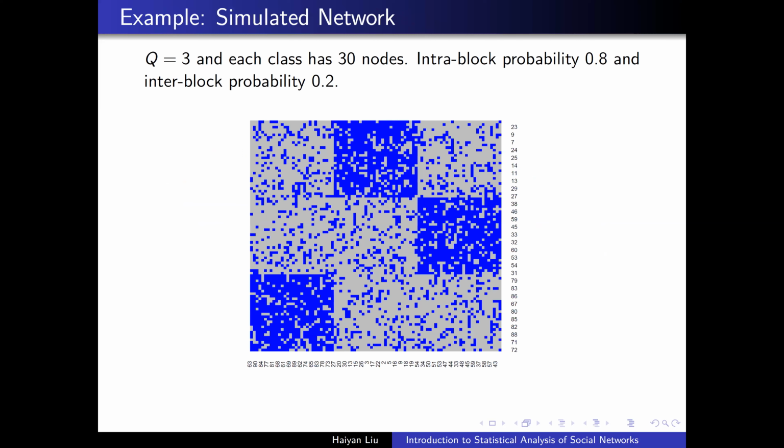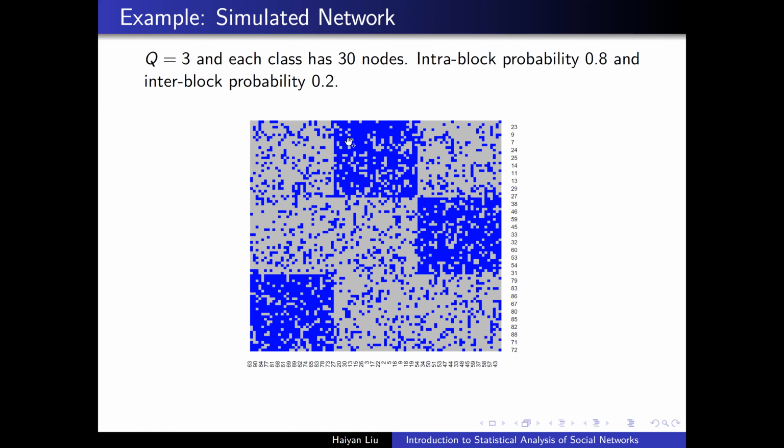In the following, I will use a simulated network to illustrate how to fit a stochastic block model. This network is simulated from a stochastic block model with 3 blocks. The within-cluster probability is 0.80, and the cross-cluster probability is 0.2.